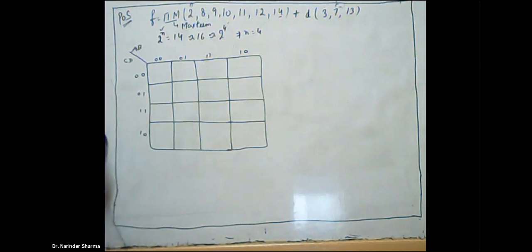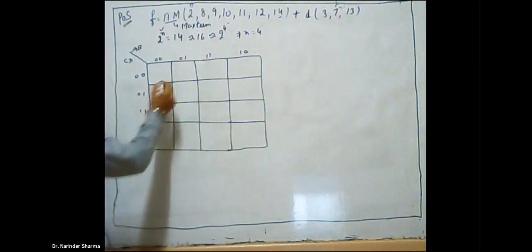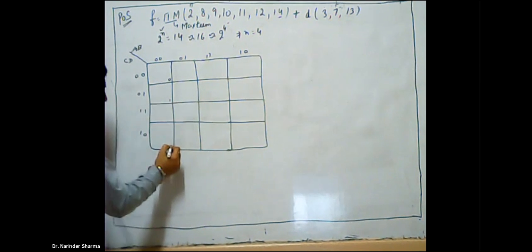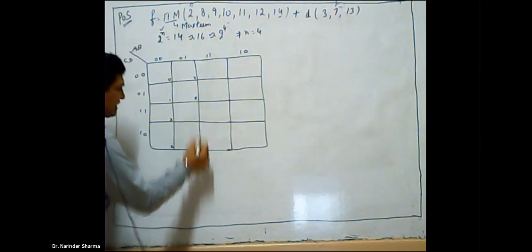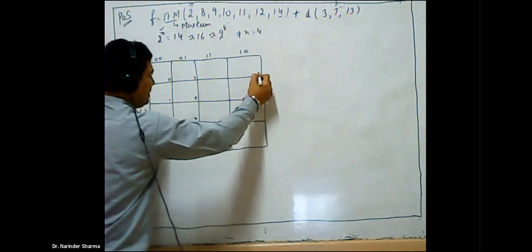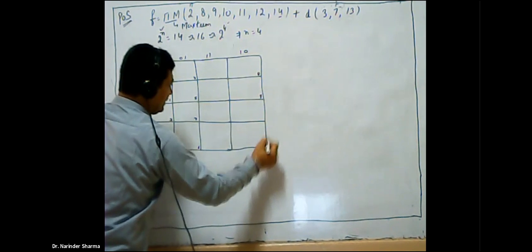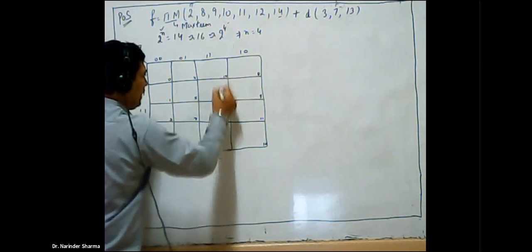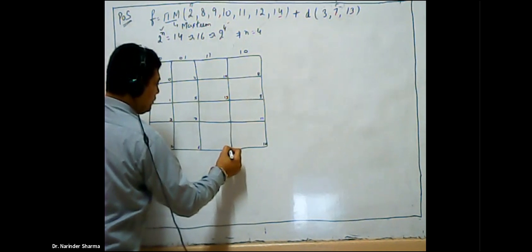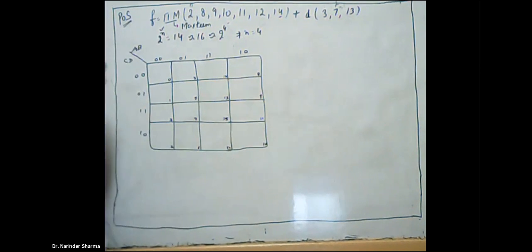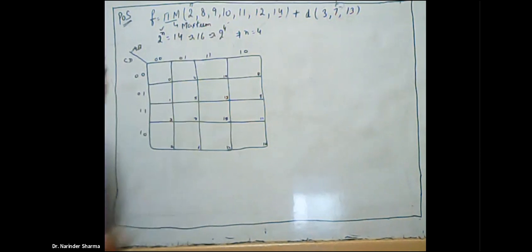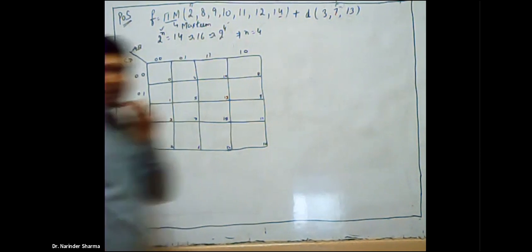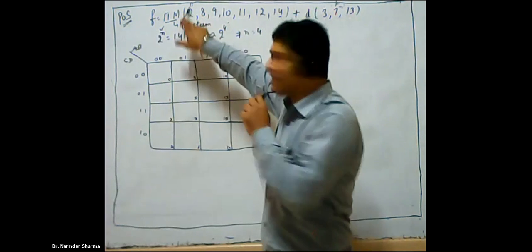Numbering is as 0, 1, 2, 3, 4, 5, 6, 7, 8, 9, 10, 11, 12, 13, 14, 15. In this way, you can mark the numbers. So these values stand for the places where you have to fill up the zeros in the K-map.